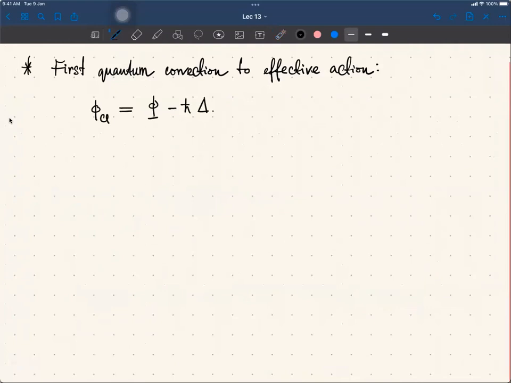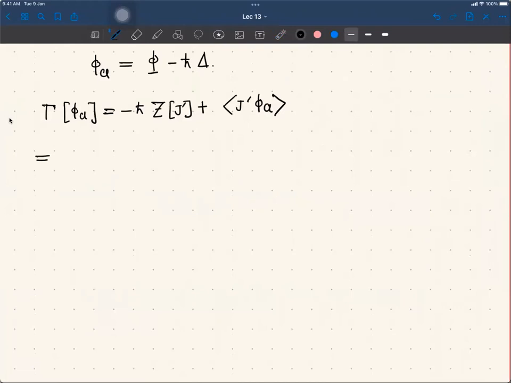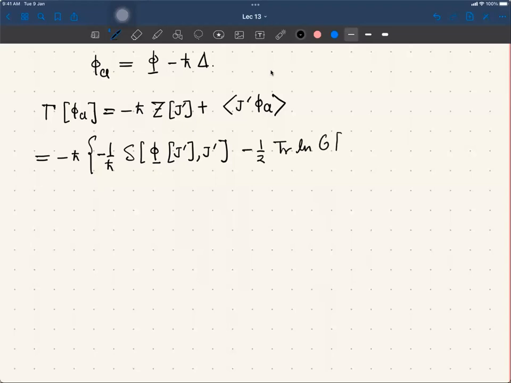And then you use that equation, gamma, the Legendre transformation, minus h bar log Z of J plus J prime phi CL, and substitute the result, minus h bar times 1 over h bar, S of phi lower bar, J prime, J prime, minus half trace log O.